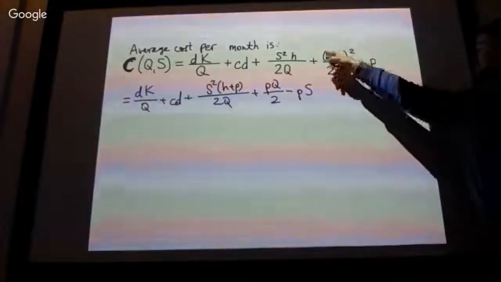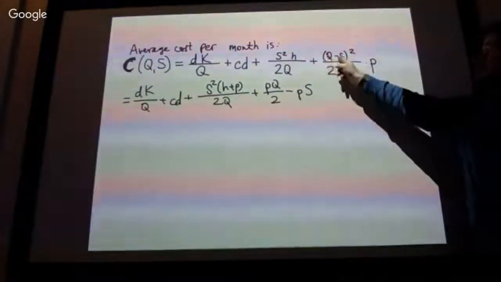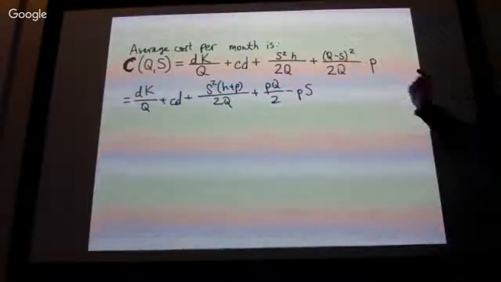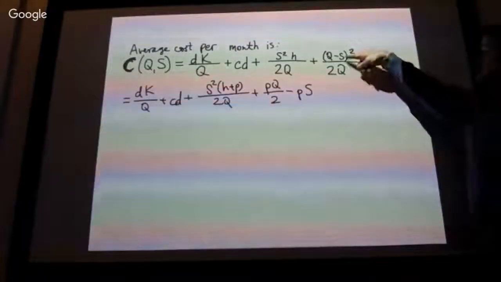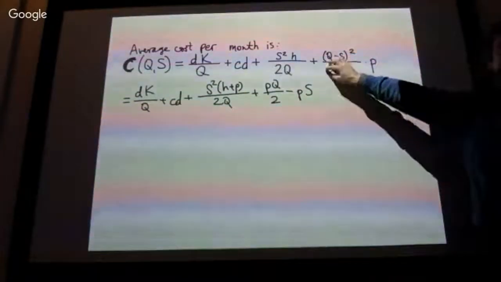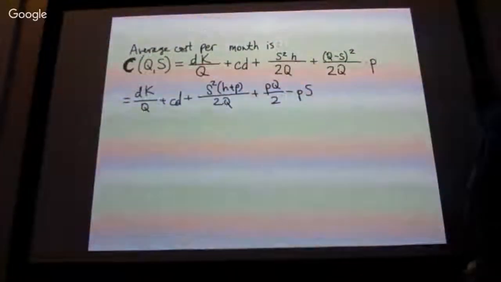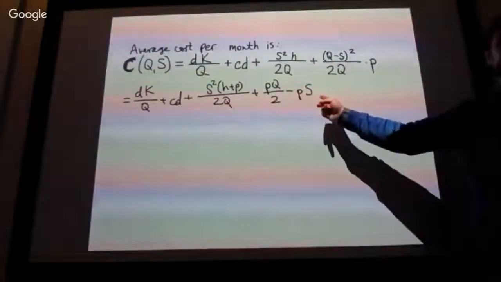So this bracket is Q squared minus 2QS plus S squared. Where it's minus 2QS, the 2 and Q disappear, and it just becomes minus PS.